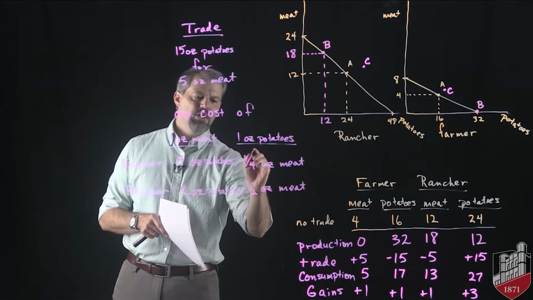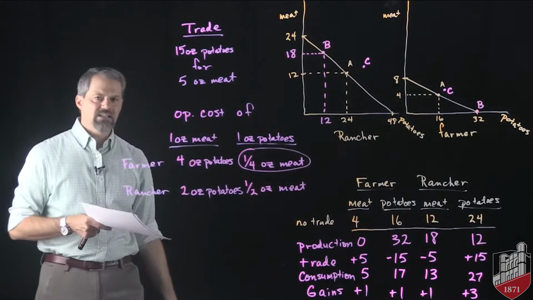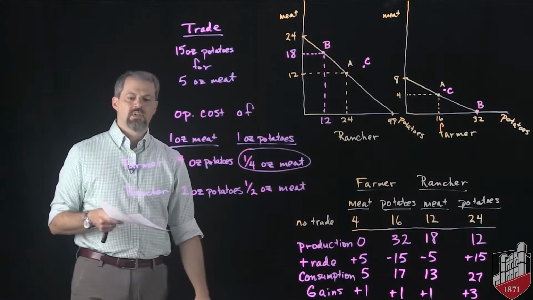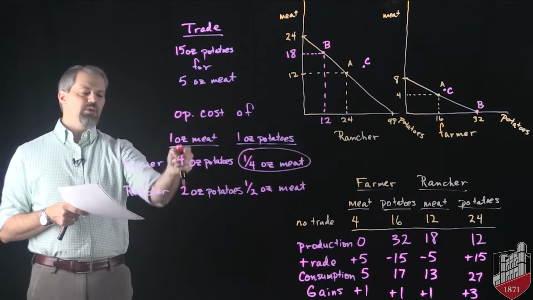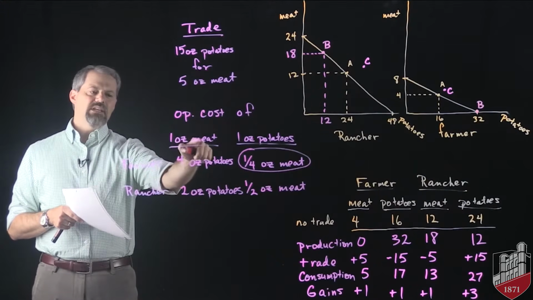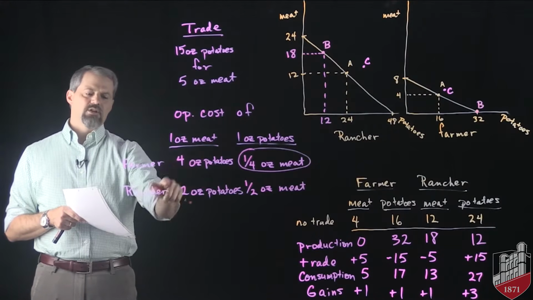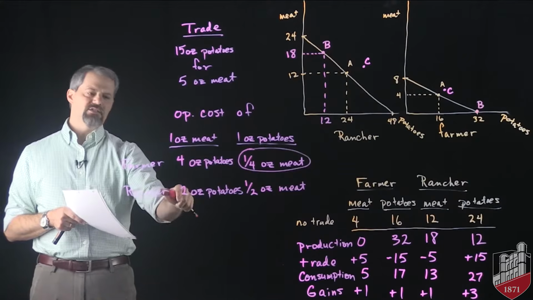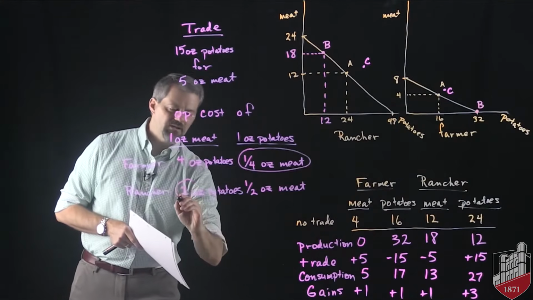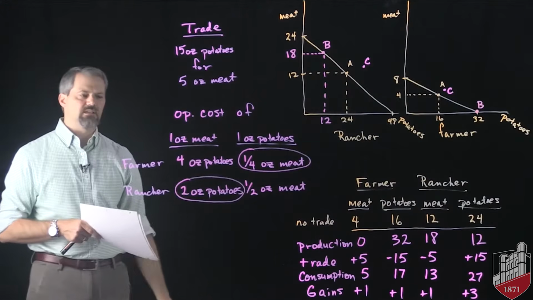So in terms of who has the smaller opportunity cost for producing potatoes, it's the farmer. In terms of meat production, for the farmer to produce an ounce of meat, they have to give up 4 ounces of potatoes. The rancher only has to give up 2 ounces of potatoes. So the rancher has the smaller opportunity cost for production of an ounce of meat.